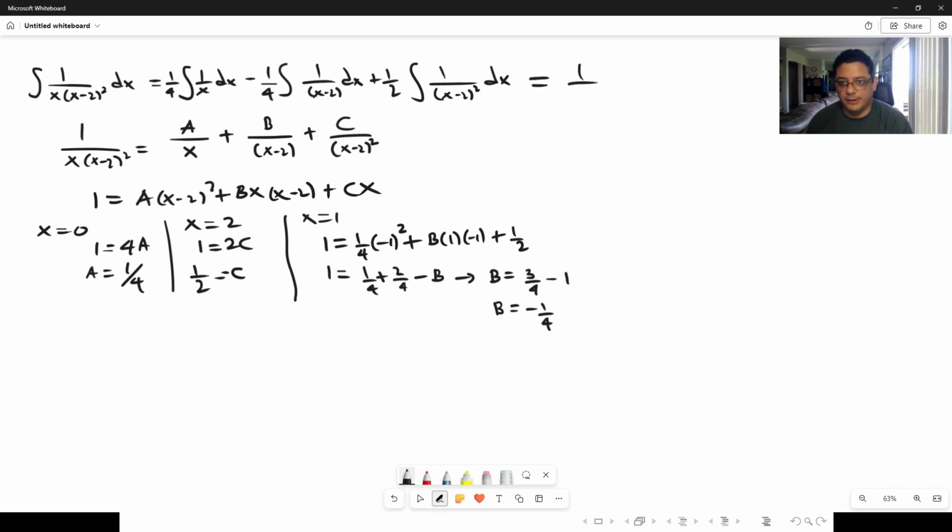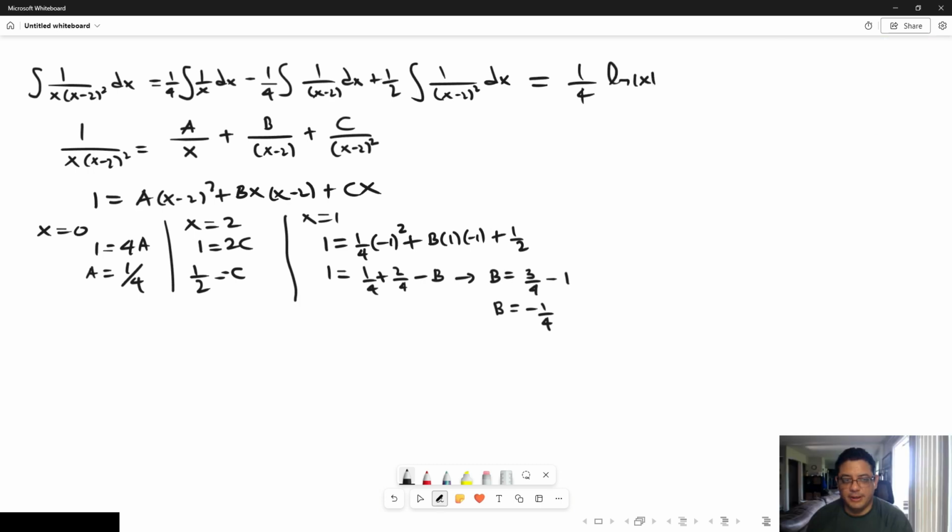This will be 1/4 of log of the absolute value of x, minus 1 over 4 log of the absolute value of x minus 2. And this is like a situation where I have u to the minus 2. So this is going to become u to the minus 1 over minus 1. And so this becomes this when I integrate this term by substitution. And that's the end of this particular example. So now let's move to another example.